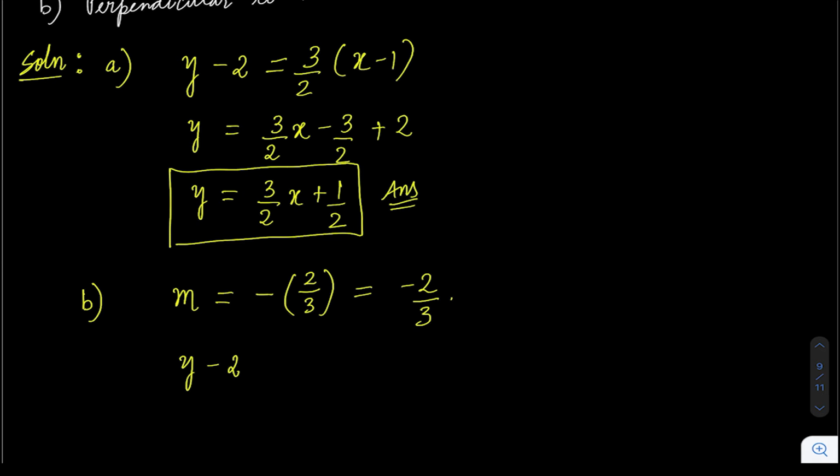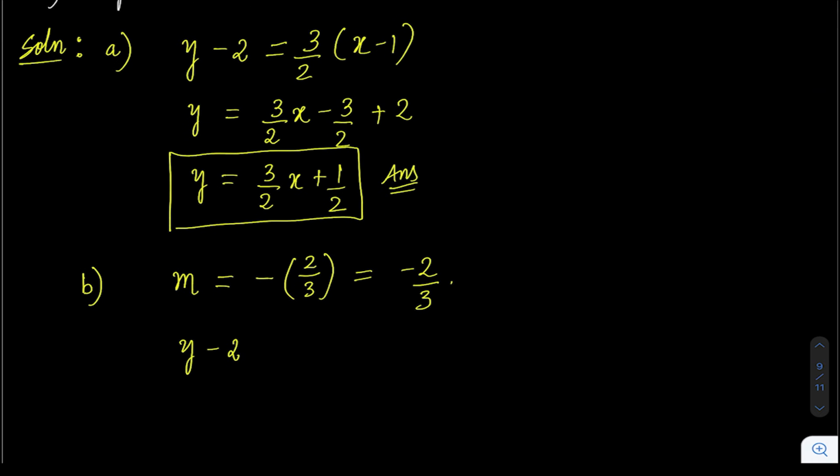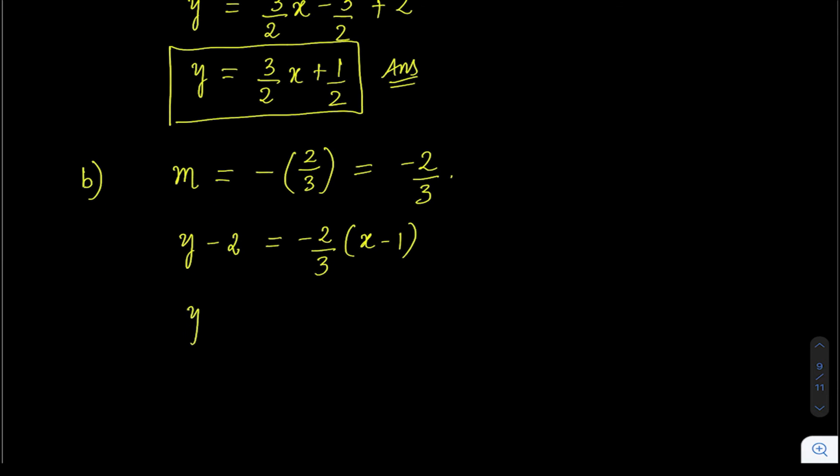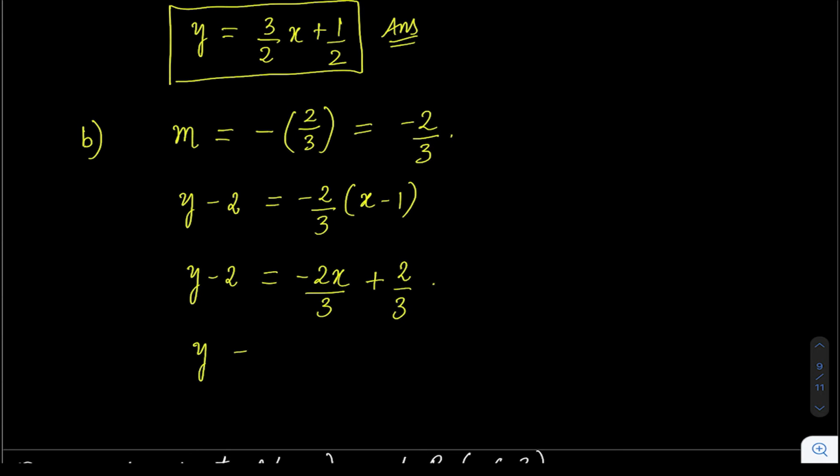Again I will use the same equation, y minus y1 is equal to gradient into x minus x1, and I will simplify this a little bit to get my final answer. So y minus 2 equals minus 2x over 3 plus 2 over 3.